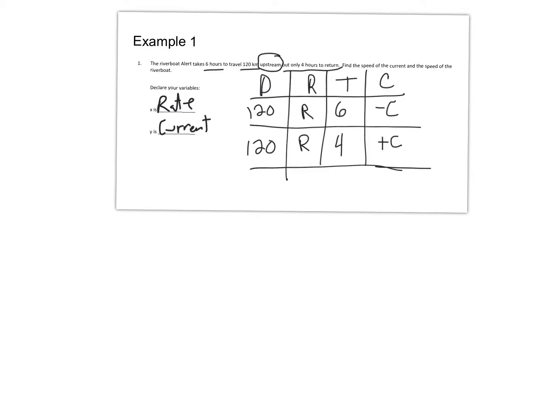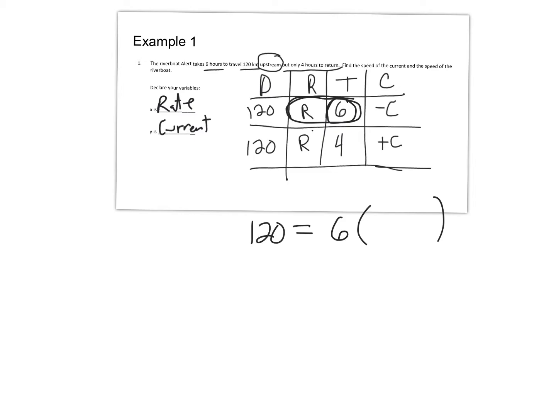Alright, so to set up the equation, we're going to start with distance for the first equation, 120 equals. Now I'm going to work with what they gave me here. The regular number is what's going to lead us off. So we're going to start with the 6.